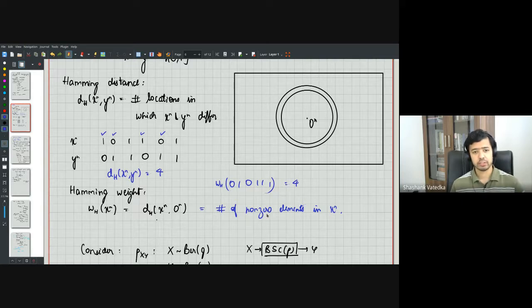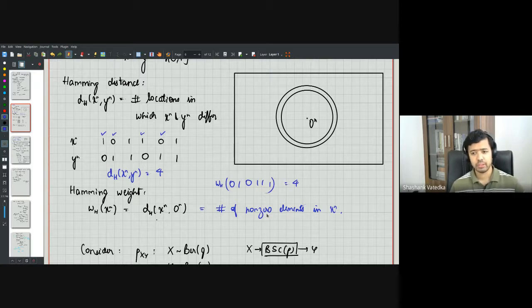So the Hamming distance between xn and yn is the same as between yn and xn, and also it satisfies the triangle inequality. So given any 3 points xn, yn and zn, the Hamming distance between xn and zn is less than or equal to the sum of the Hamming distances between xn, yn and yn, zn.